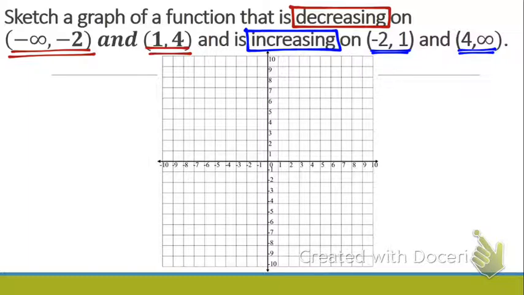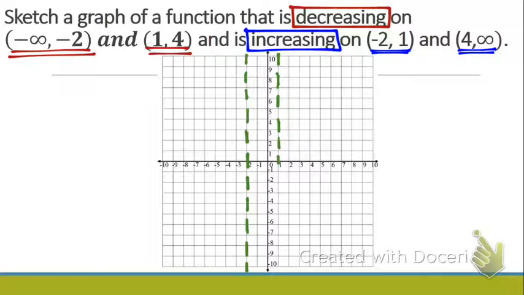Negative infinity, but I can't see that on my graph, right? Negative 2. So negative 2. I'm going to chop my graph up right there. Positive 1. I'm going to chop my graph up there as well.